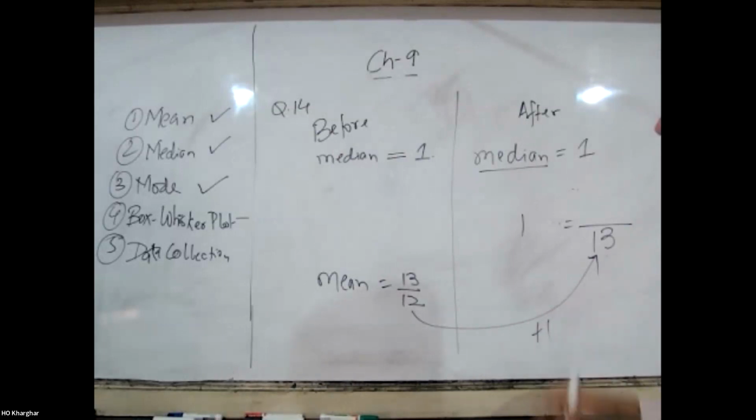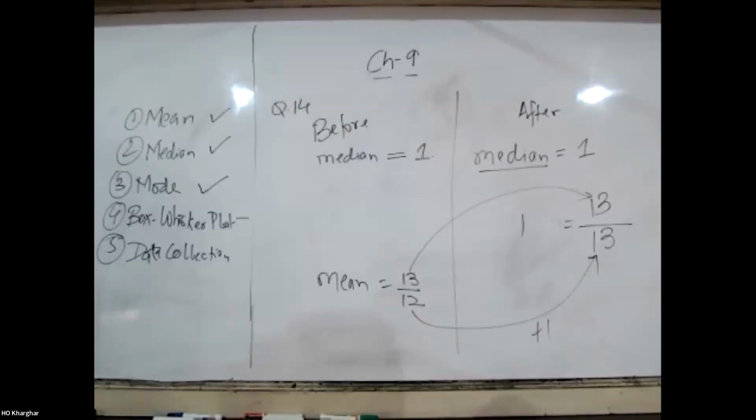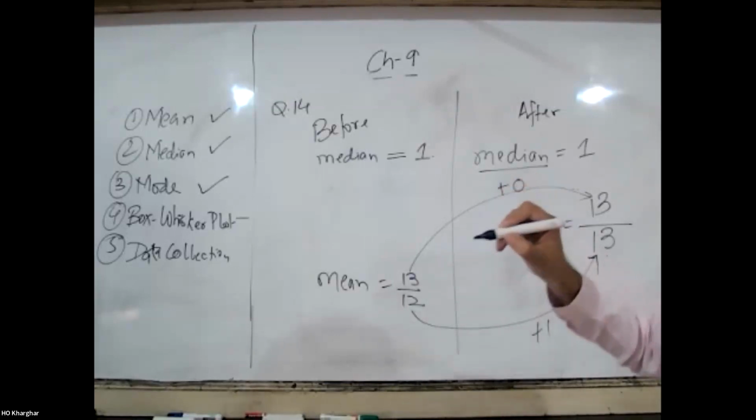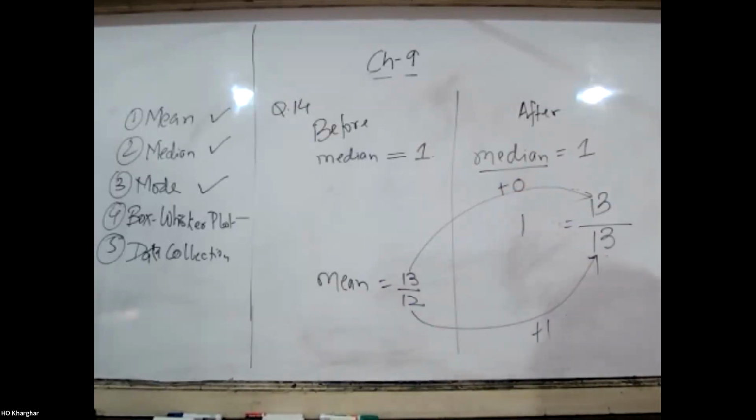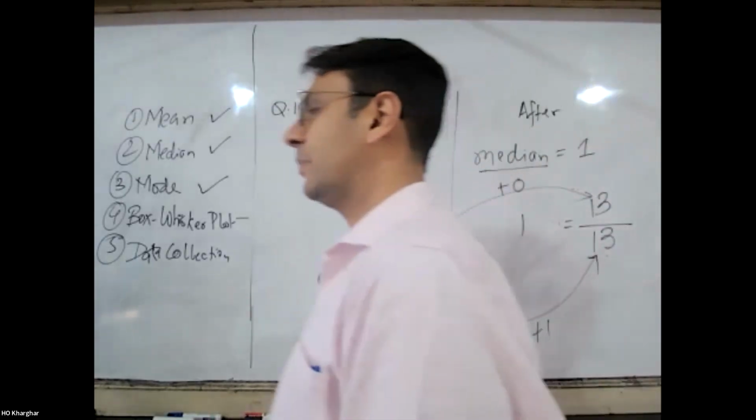For this to be 1, the numerator must be 13. Old numerator was also 13, which means the numerator has not increased at all, which means this new student has 0 siblings. Oh my God. Okay.